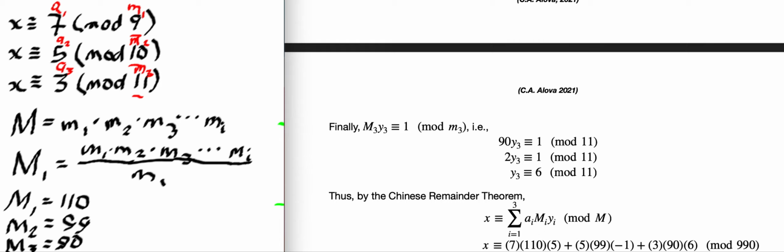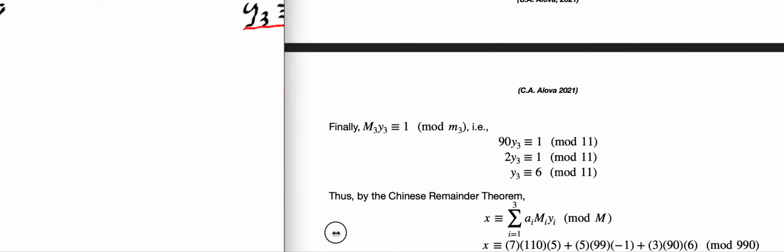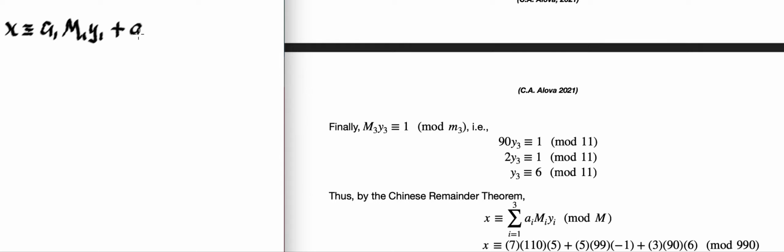So we're going to imagine something like this. Let's have some more space. Maybe I can put it here. It should look something like this. So your x must be congruent to a sub 1, big M sub 1, y sub 1, plus, since it's a summation, a sub 2, big M sub 2, y sub 2.